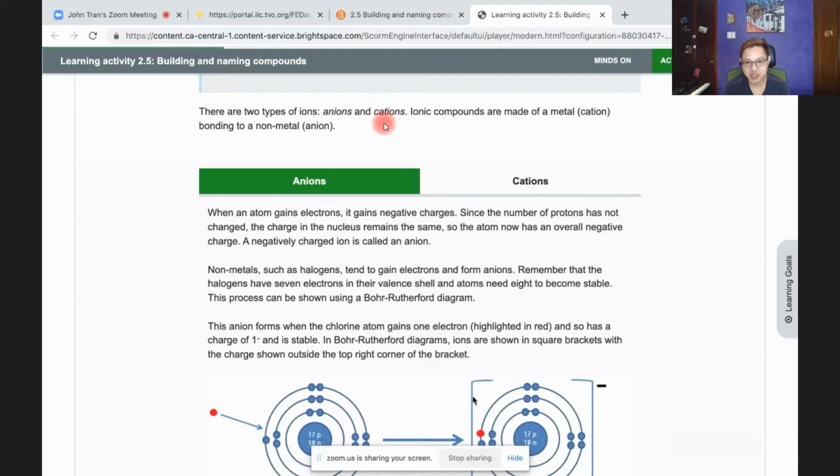Be careful, charge and change are different words. So the atom has an overall negative charge. A negatively charged ion is called an anion.